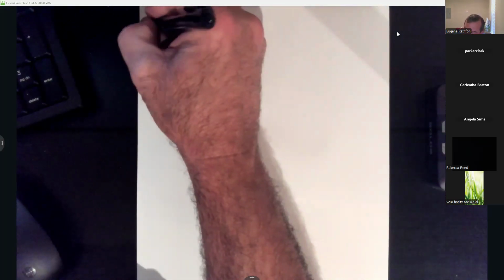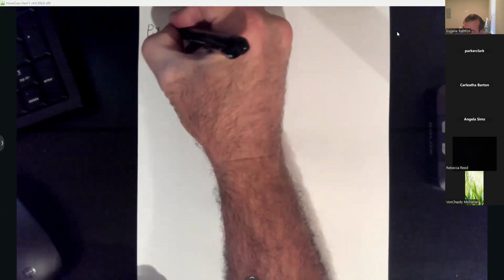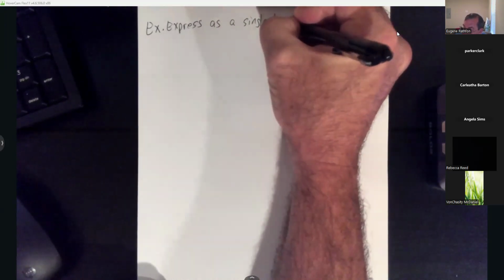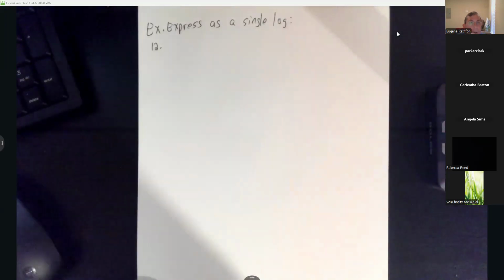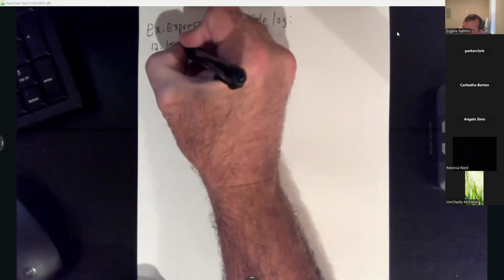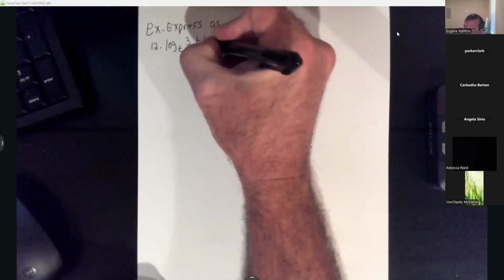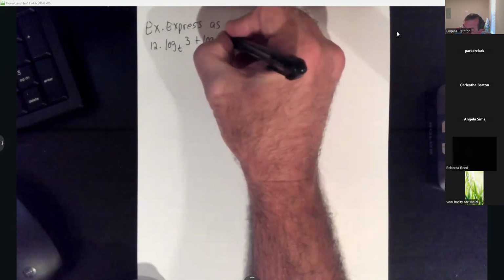All right, so if we're going the other way, y'all, they're going to say express as a single logarithm. So my number 12 has a log base t of 3 plus a log base t of 79.